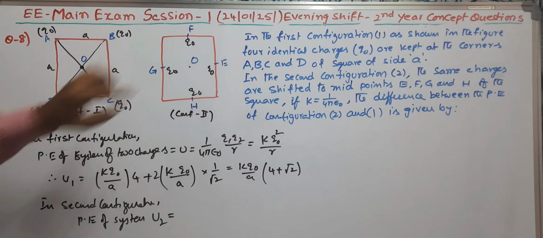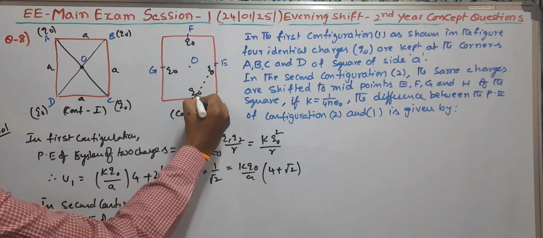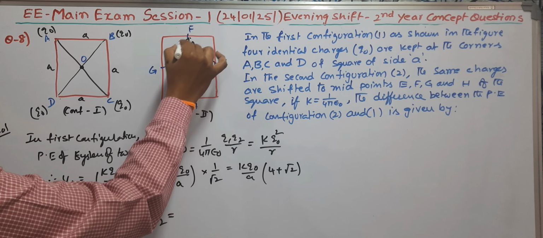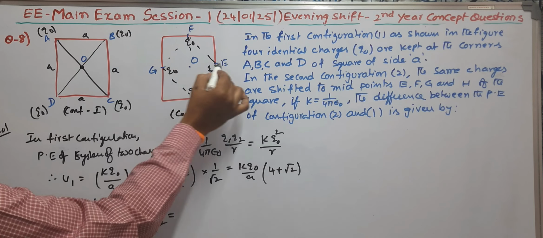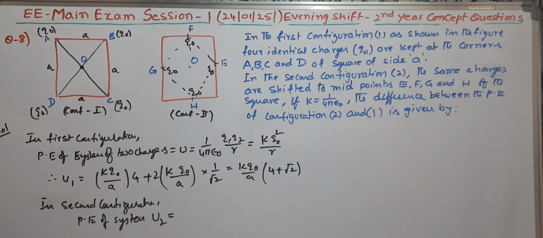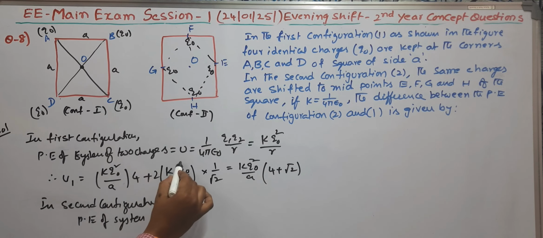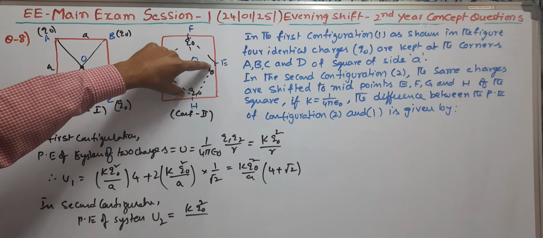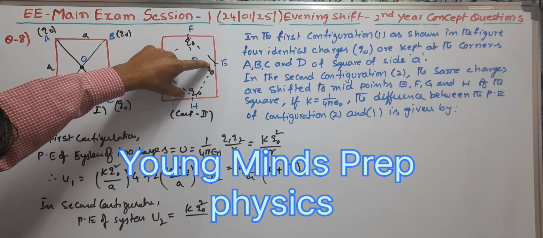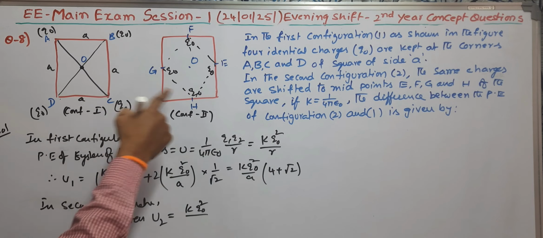These two are at some distance, this is the distance between them. These two contribute some energy, which is equal to k q naught square, q into q, divided by the distance between them, which is obtained by formula. The distance is equal to what?